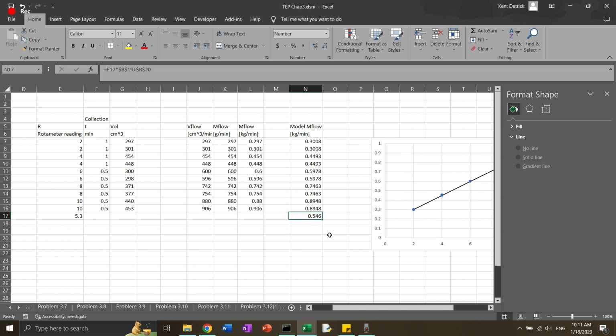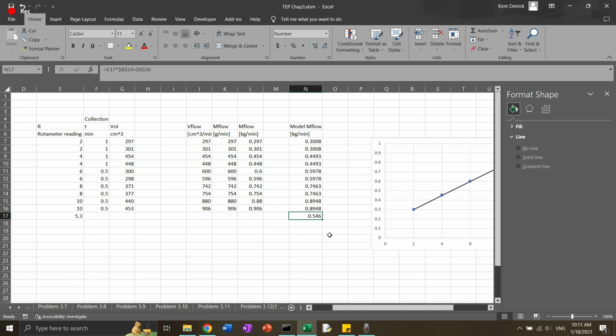So what we need is the average difference between duplicates. Basically that means that we look at these duplicate samples. We've got a rheometer reading at 2, 4, 6, 8, and 10. We have duplicates at each of those values, and so we just need to take the difference between those duplicates, and then average the difference.